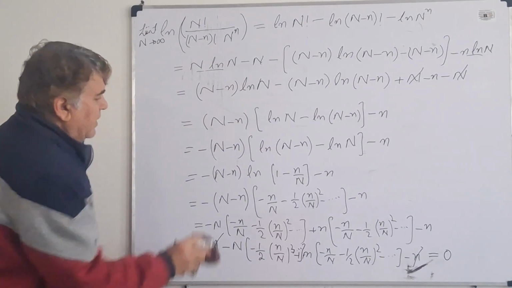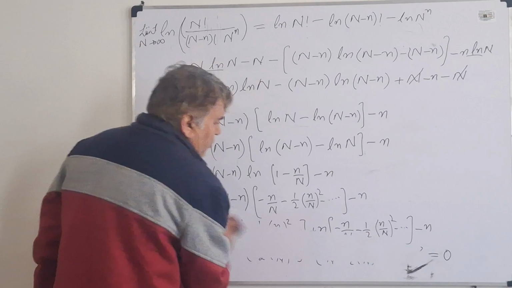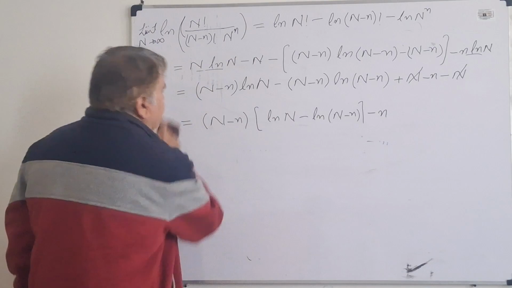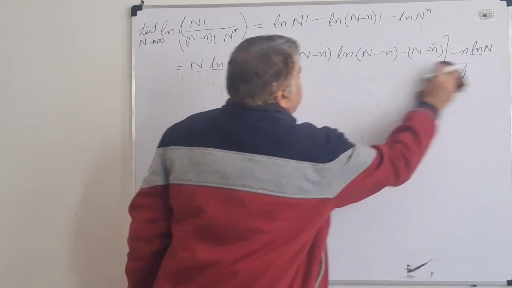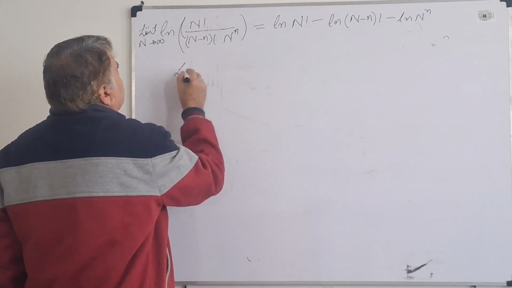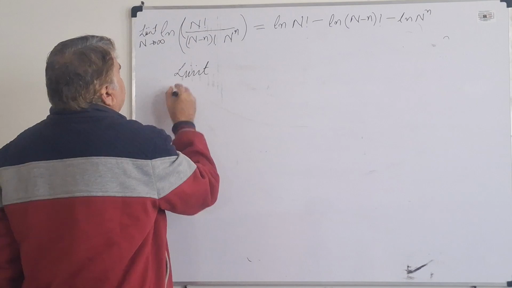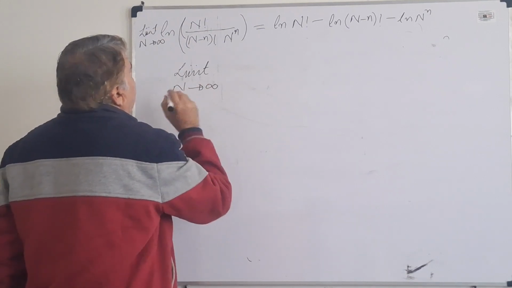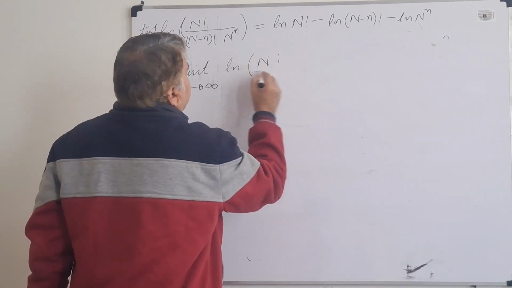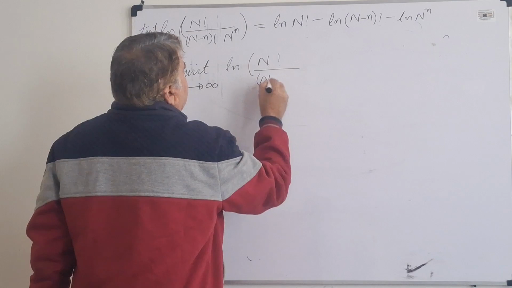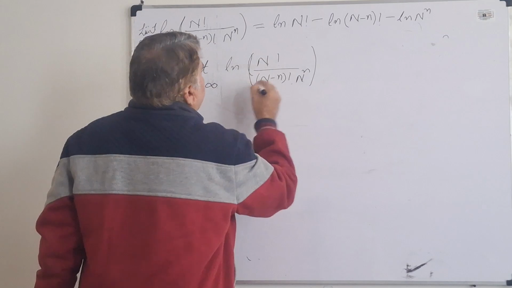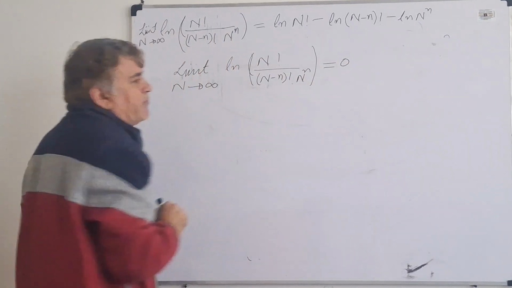That means I don't need any of these things now, so I remove them and I just write the result. That means that limit capital N tends to infinity of log of n factorial divided by this thing is equal to 0.